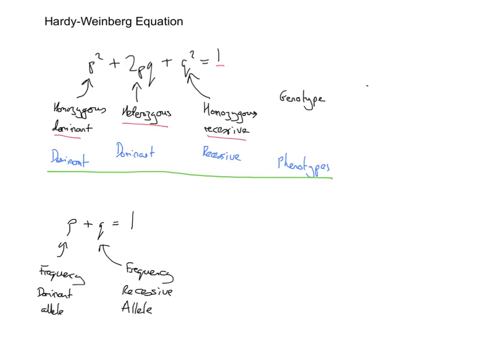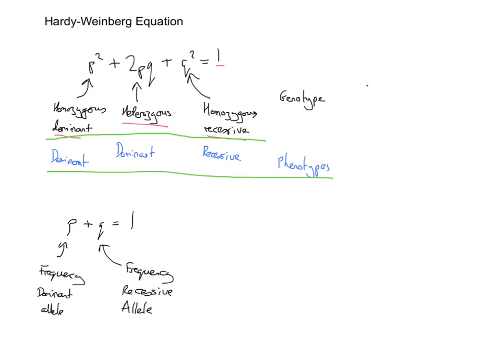So if I've got the characteristic, I need to think, is it the dominant, is it the recessive? From there, what can I work out next using the equation? Am I being given the percentage of individuals that have a particular characteristic? If so, from that point I need to be thinking, right, I've been given the percentage of individuals which are homozygous dominant. In that case, I'm looking at p squared.